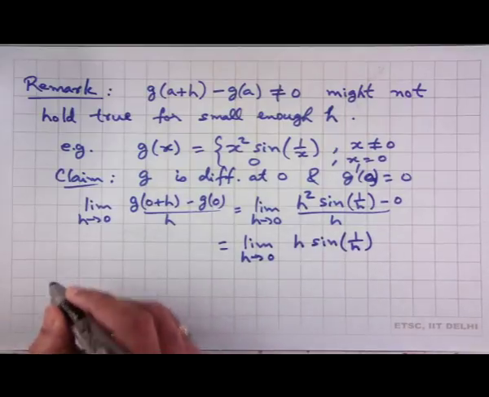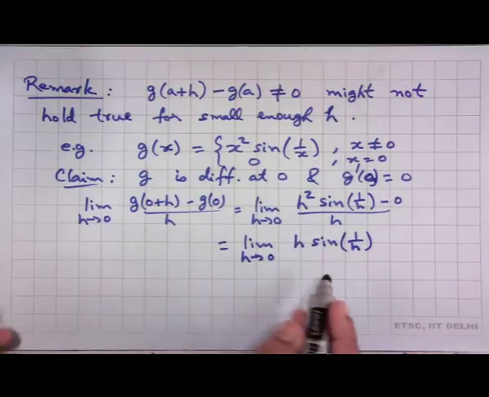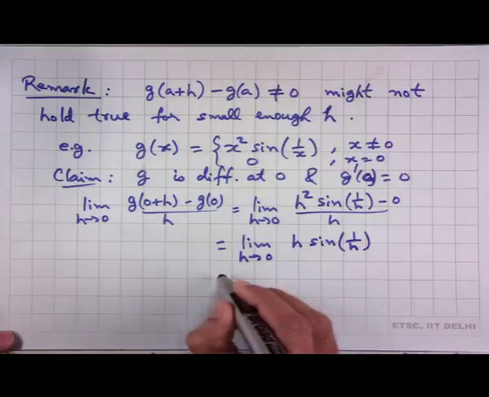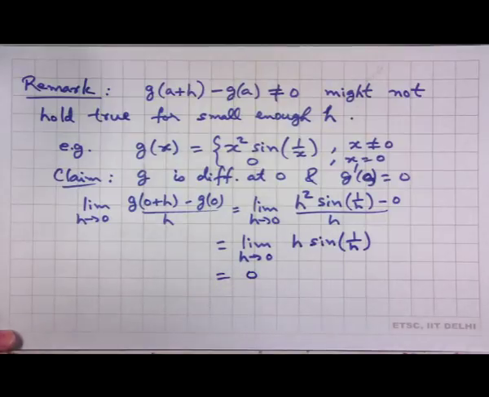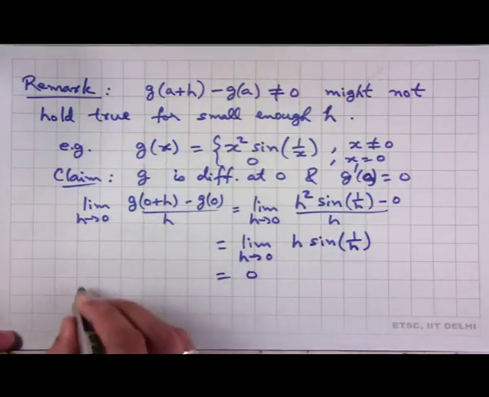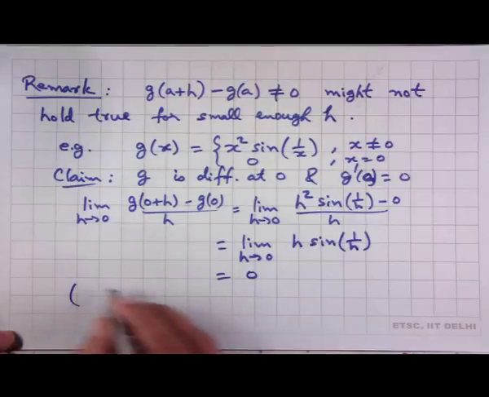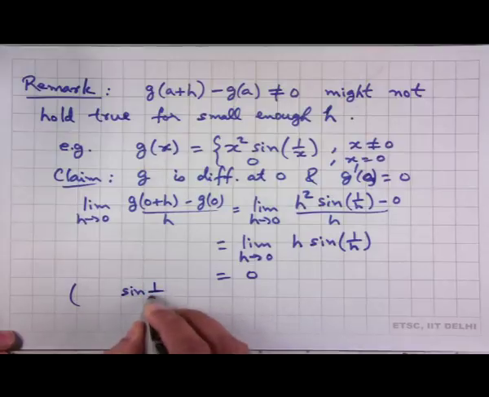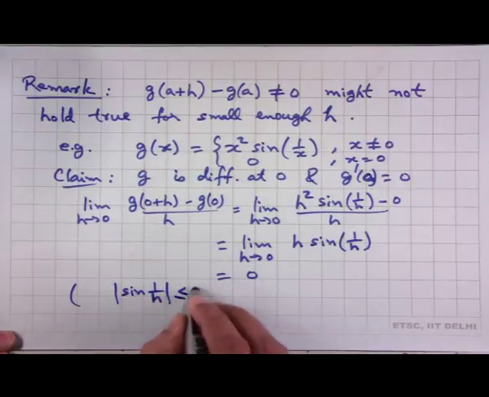Now, we have dealt with limits of this form. So, this is equal to 0, because we know that sine 1 by h is always less than or equal to 1.